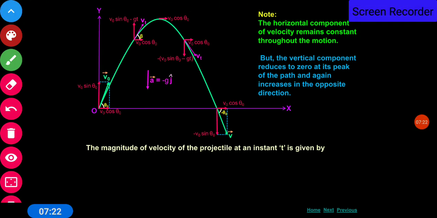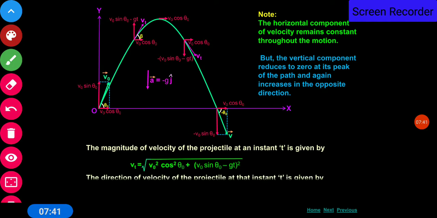The magnitude of velocity of the projectile at any time t is given by v_t = √(v0² cos²θ0 + (v0 sinθ0 − gt)²), because v = √(vx² + vy²), so x component squared plus y component squared. The direction of velocity at any time is given by tan β = vy/vx, so vy is v0 sinθ0 − gt upon v0 cosθ0.